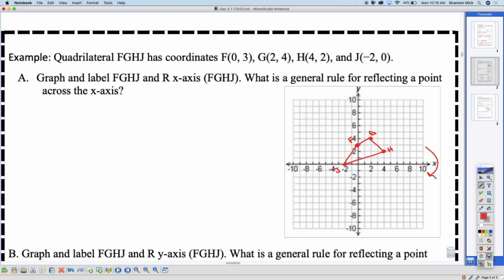The y's. So this is going to be H prime, right? And J prime and J are going to be the same because they fall on the same line, don't they? And what's 0, 3 going to become? 0, negative 3. So that's going to be F prime. And G is going to be 2, negative 4. And that's going to be G prime?